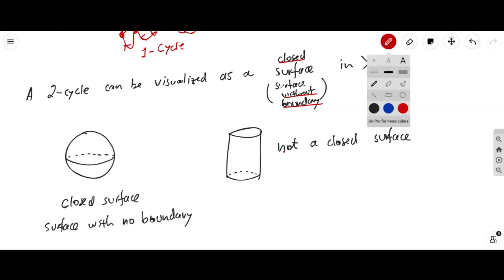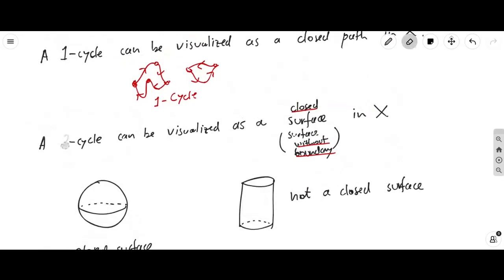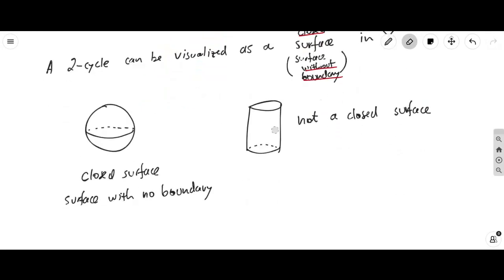And the way you can see it is because a two-cycle, first of all, is a two-chain. And a two-chain is a formal sum of simplices, mappings of simplices. So think of it as a list. Imagine you have a collection of simplices here, curvilinear triangles that fit together in some kind of nice way. So this is one triangle, this is another triangle, a bunch of triangles like this. So you triangulate it into lots of different pieces.